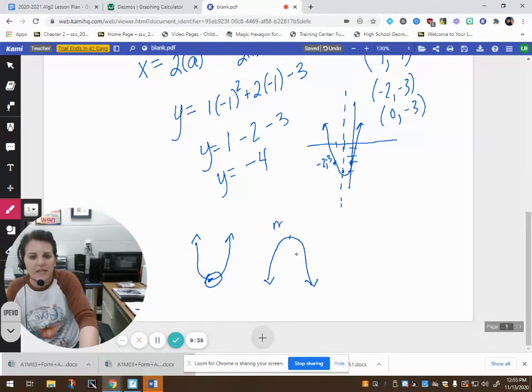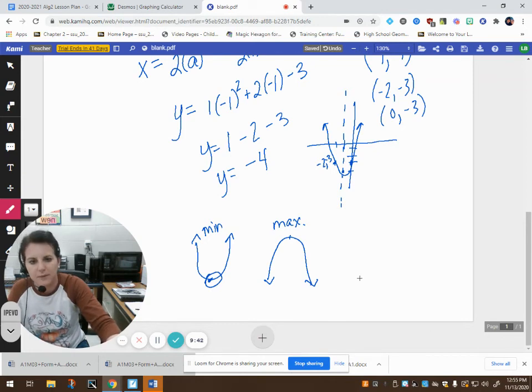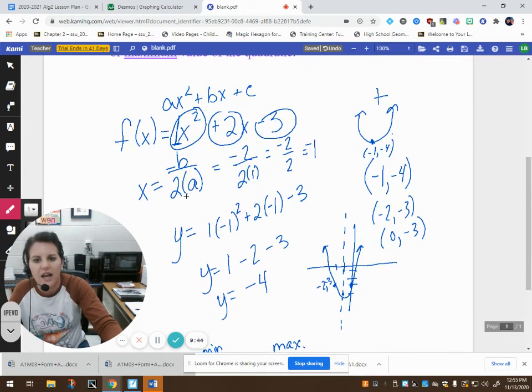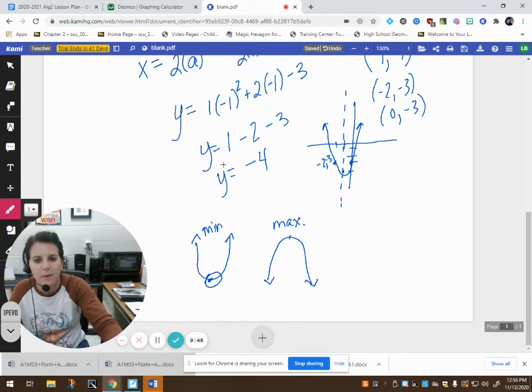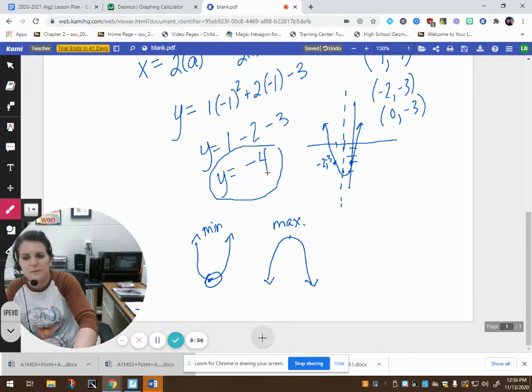So this is a maximum, and this is a minimum. A minimum value is the low point down here. So when I find the coordinates of the vertex, I have already found that minimum or maximum value. This right here, this negative 4, since it's a happy face, I know that this is the minimum value. Negative 4 is the minimum.